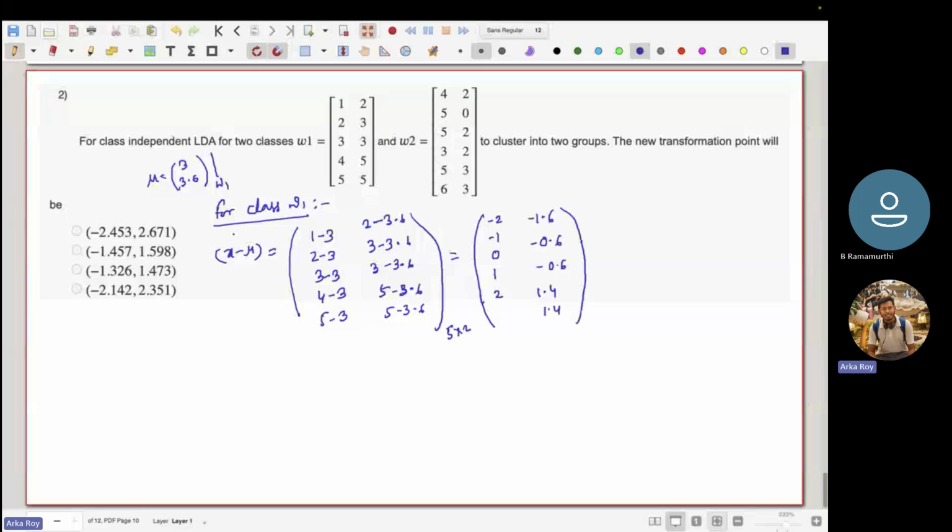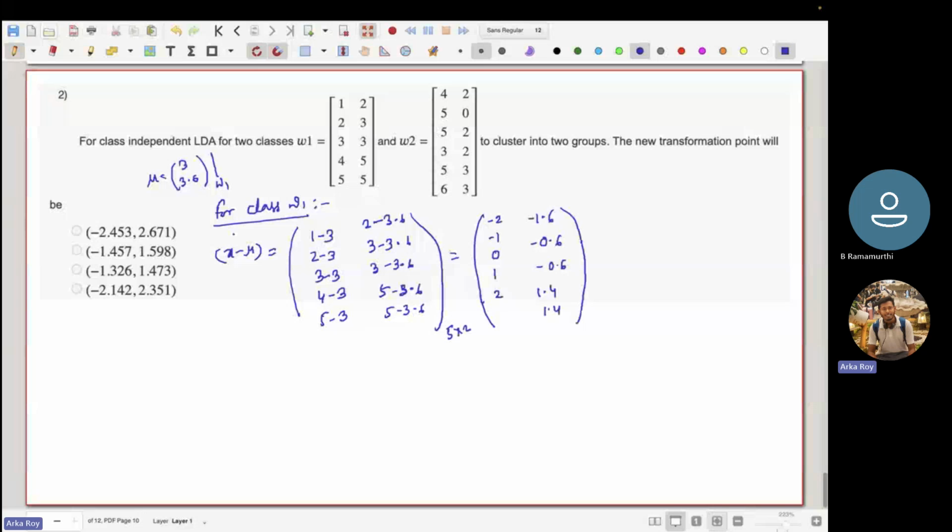So let us do the multiplication. Minus 2 whole square, minus 1 whole square, 1 square, 2 square.